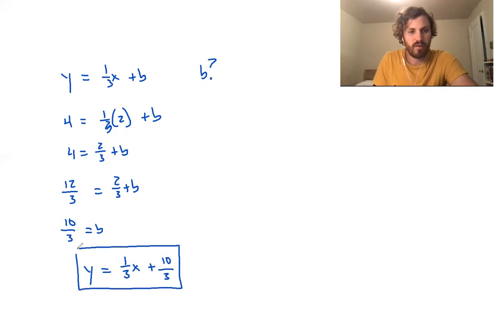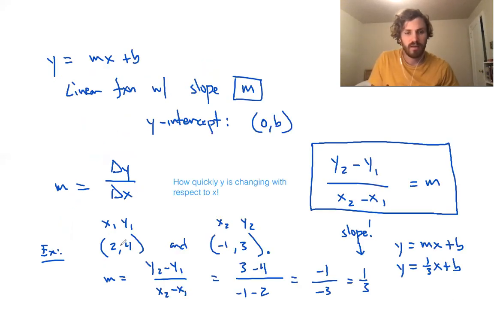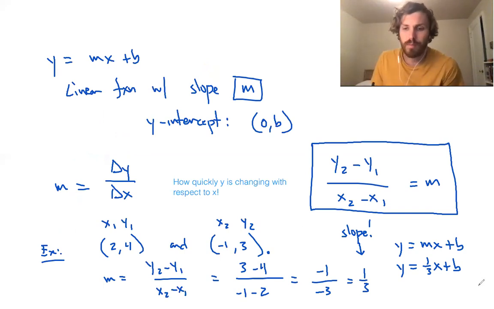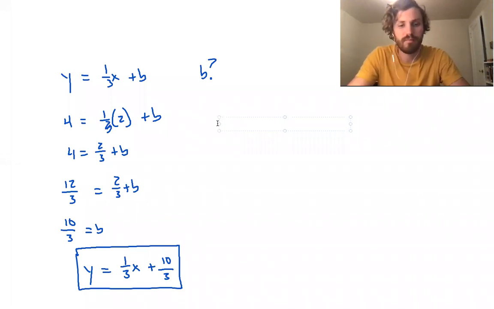Okay, so that's all fine and good. But what made this a little bit more complicated was, I found my slope and then I had to solve for b, and that was kind of a pain. So when you have 2 points, or you have a slope and a point, there's another form of the line that we use. And so I am going to write that right here, because this is a pretty important takeaway.